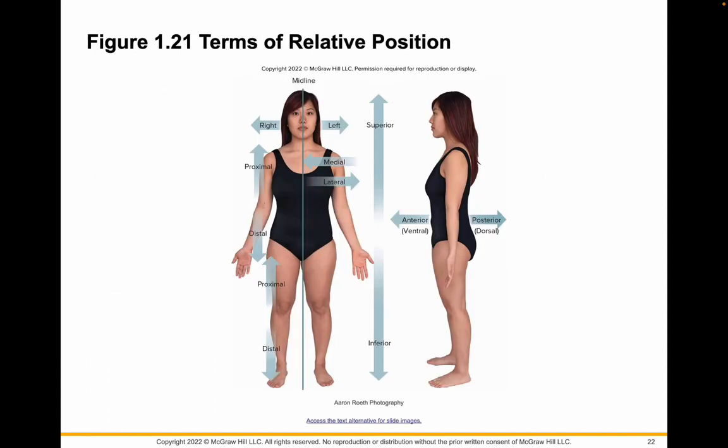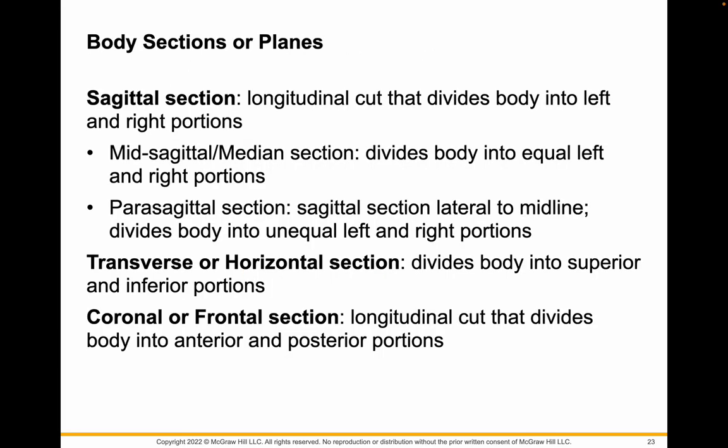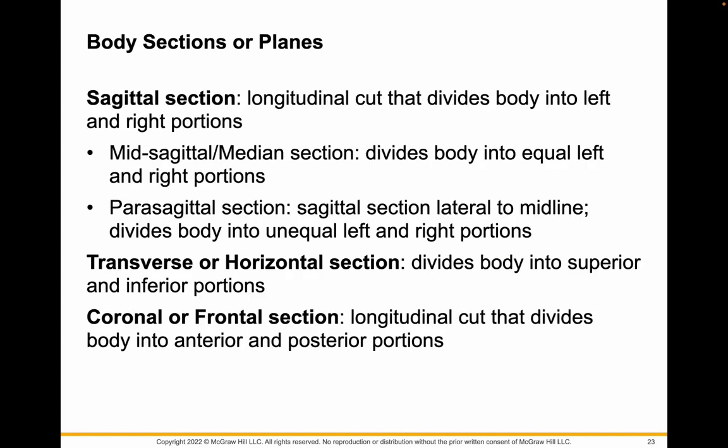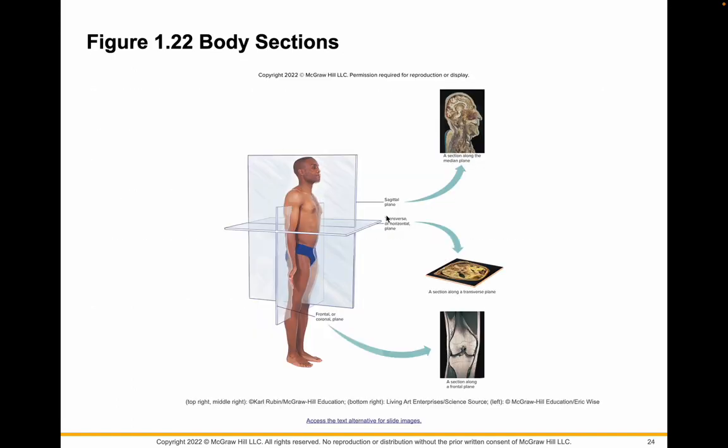And so we talked about right and left, proximal, distal, inferior, superior, medial, lateral, anterior, posterior, ventral, dorsal, deep, superficial. And then we looked at the body planes: sagittal, transverse, and coronal, or frontal.